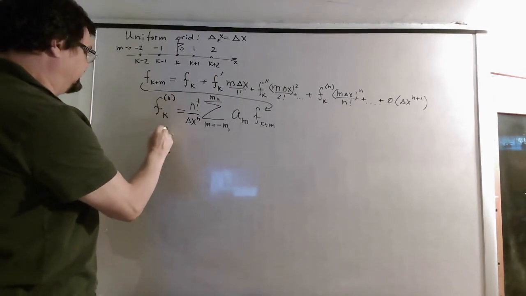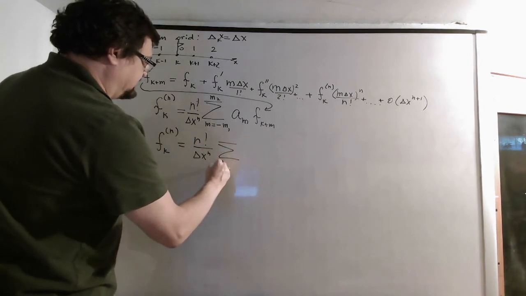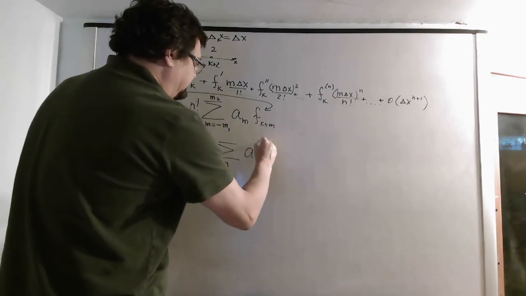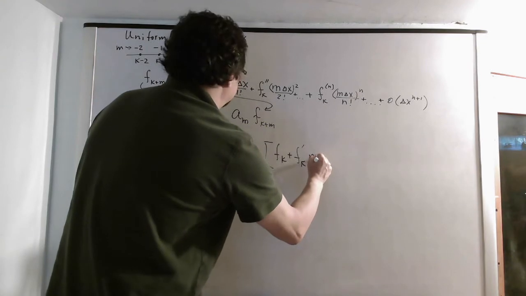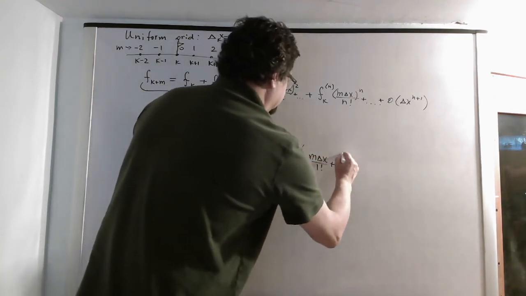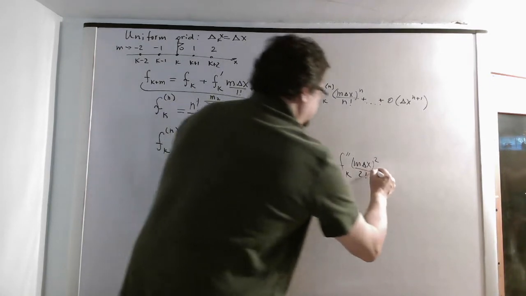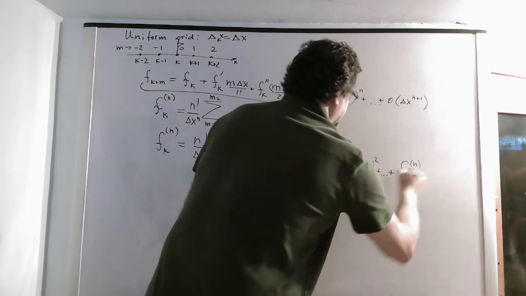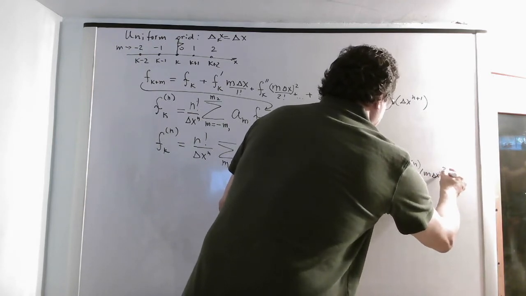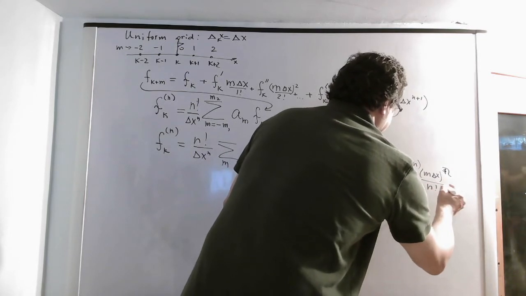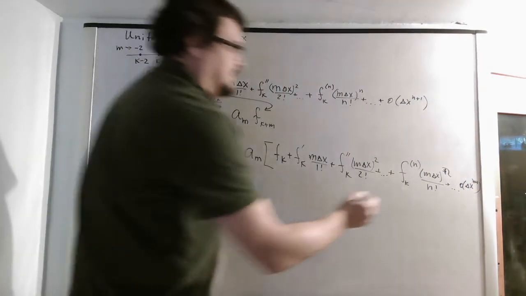We have that the derivative of power n at point k equals n factorial divided by delta x to the power of n, sum over m, a m times, now we substitute f k plus the first derivative at k m delta x divided by 1 factorial plus the second derivative m delta x squared divided by 2 factorial plus so on, plus our nth derivative, that's what we want, k m delta x to the power of n divided by n factorial plus o delta x n plus 1. So we just substituted.